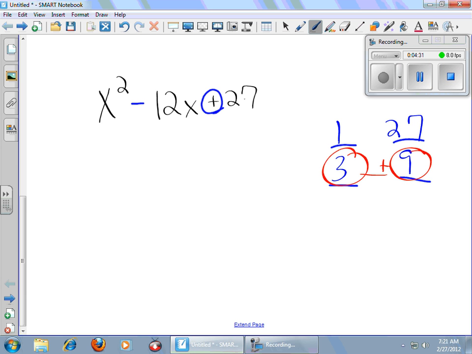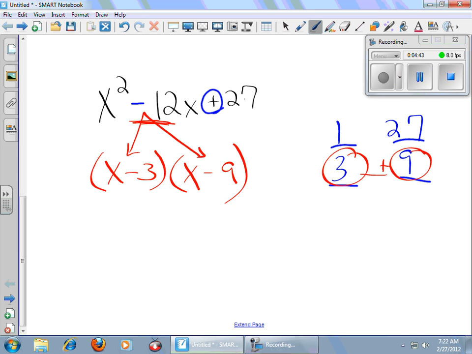Remember, the second sign here is a negative, that's going to be my Wendy's double stack. So it's going to show up like x minus 3 and x minus 9. You might think of it as adding 2 negatives to get negative 12, because that's exactly what I'm doing.